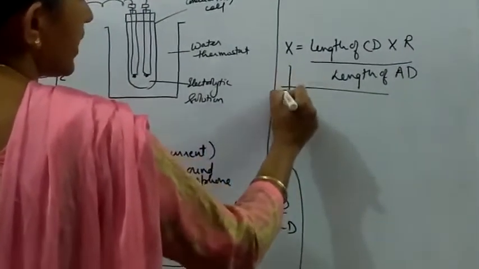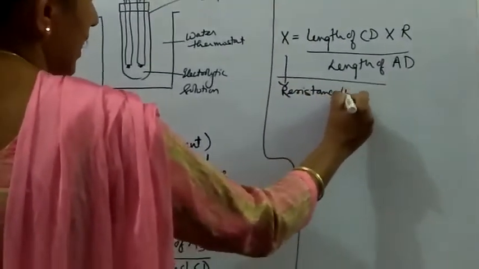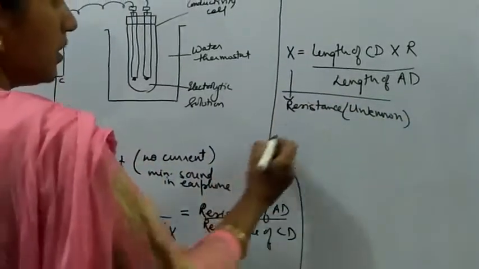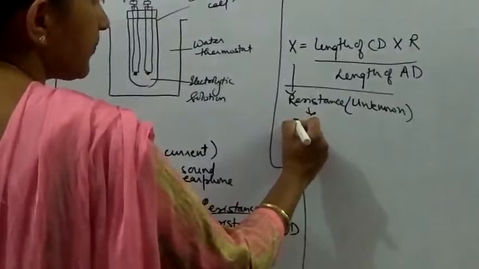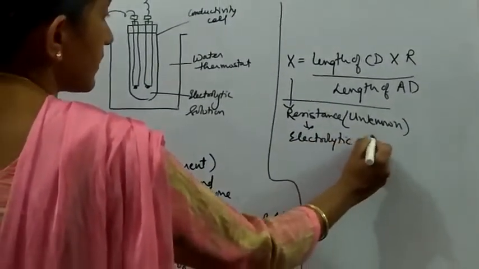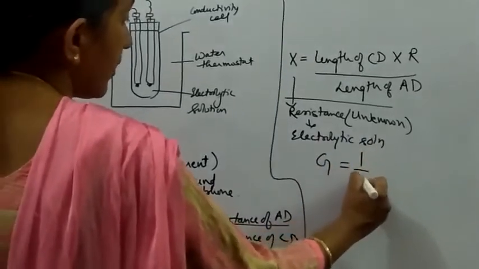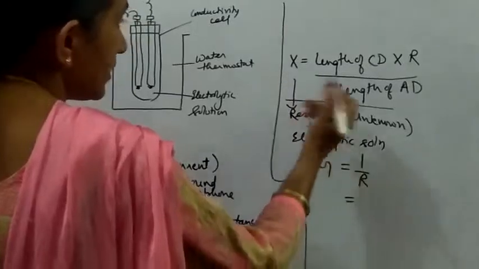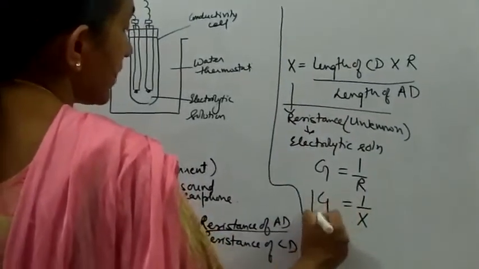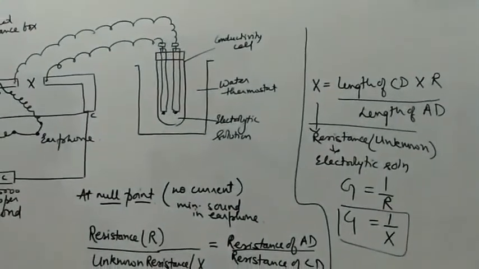So once we get this resistance, which was earlier unknown but now is known, which is that of the electrolytic solution, we can easily find out G, which is the conductance. It will be 1 upon R, that is here 1 upon X. So once we get it, we will determine the conductance of the solution.